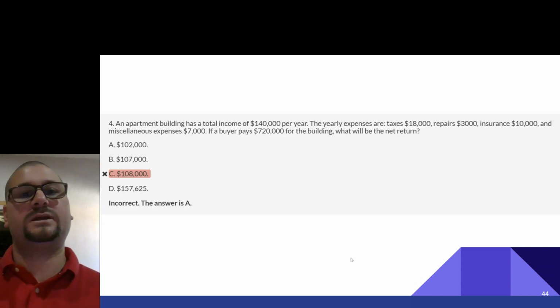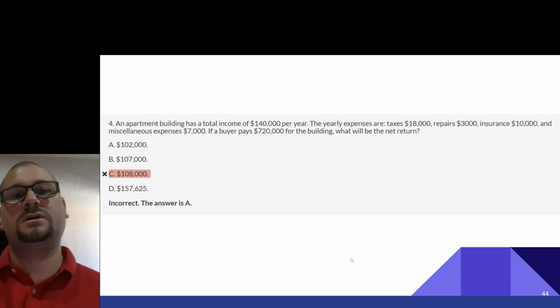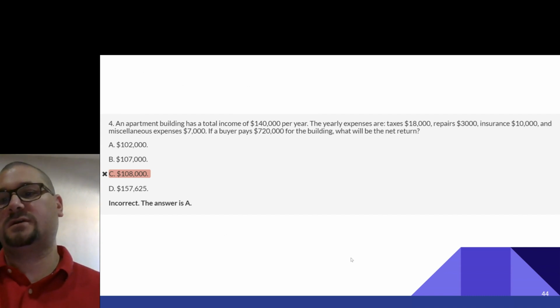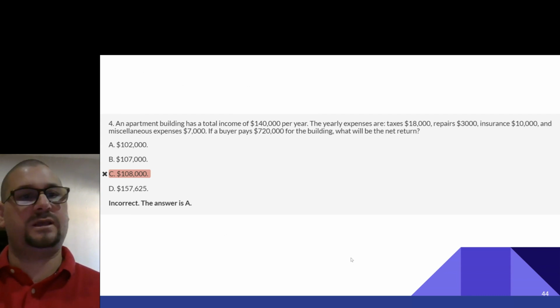An apartment building has a total income of $140,000 per year. The yearly expenses are taxes, $18,000, repairs, $3,000, insurance, $10,000, and miscellaneous expenses, $7,000.